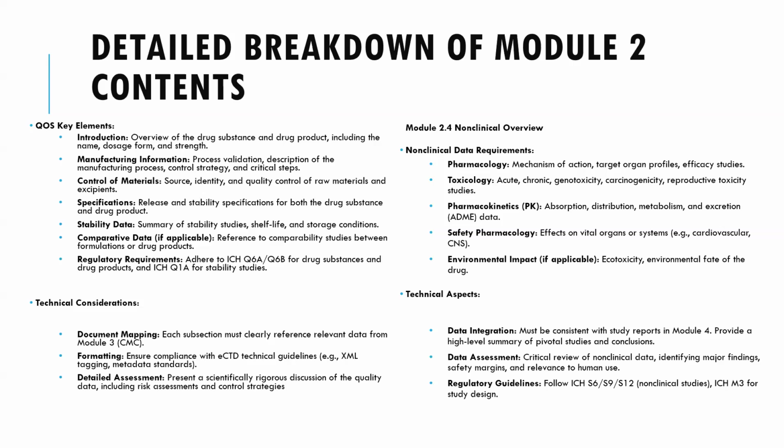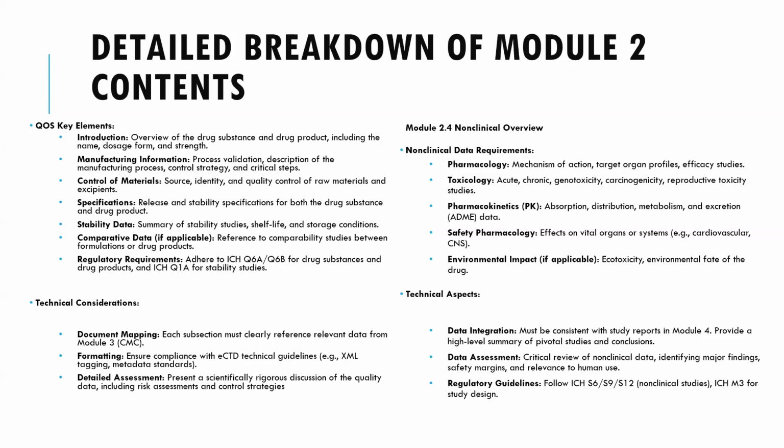In toxicology data, we will talk about summaries of acute, chronic, genotoxicity, carcinogenicity, or reproductive toxicity studies. And when we talk about pharmacokinetic summaries, we'll talk about ADME data, followed by safety pharmacology and environmental impact. So all the safety pharmacology data, like effect on vital organs or systems, or environmental impact, ecotoxicity, environmental fate of the drug, etc., is being submitted in non-clinical data requirements. A summary of all the data.